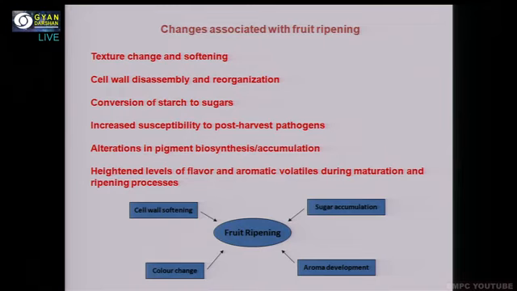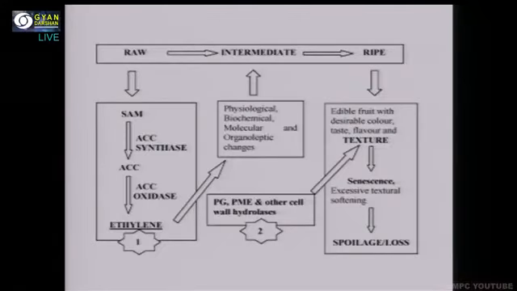And last but not least, there is an induction of a phytohormone called ethylene. We all know that ethylene induces fruit ripening. Now, if we go through the basic plant physiology, then we can see that ethylene is produced via this pathway, as I have shown.